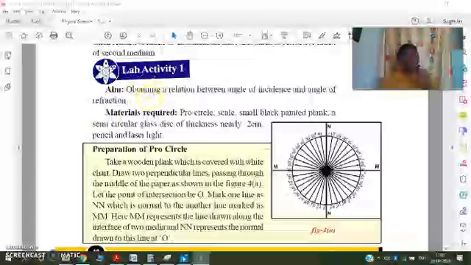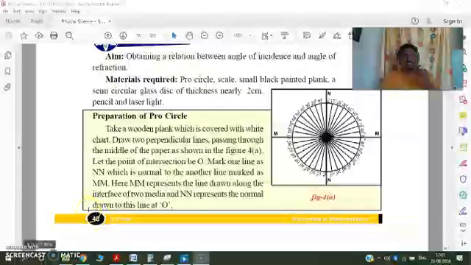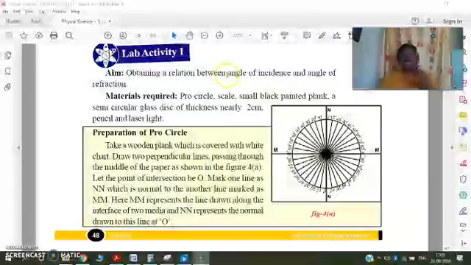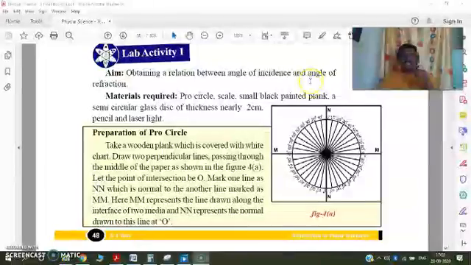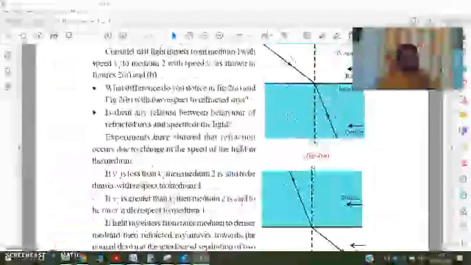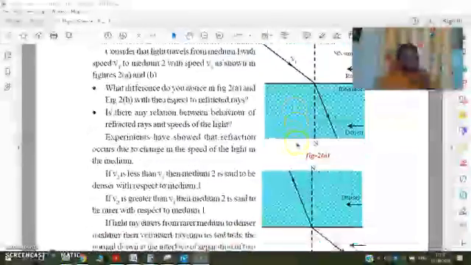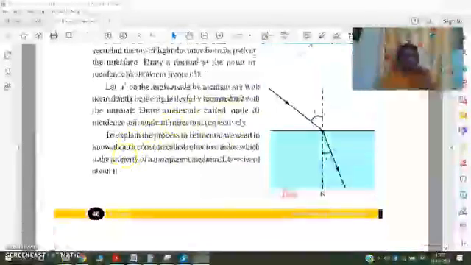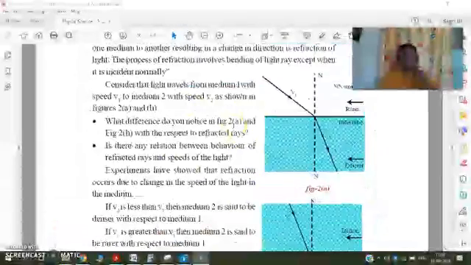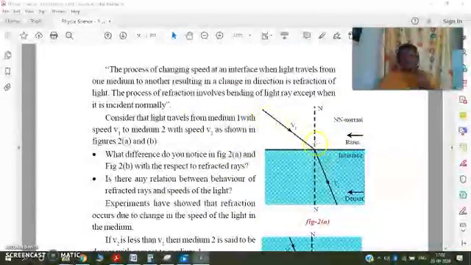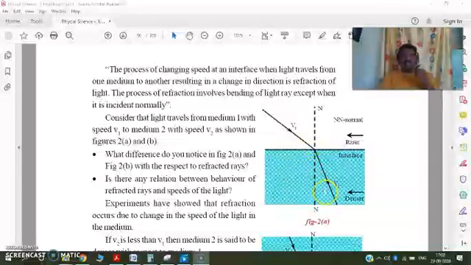Next, lab activity 1 on page number 48: obtaining a relation between angle of incidence and angle of refraction. Already I told you in the previous video, part A. In figure 2a, already explained on page number 46, when the light ray passes from rarer medium to denser medium, the refracted ray bends towards the normal.